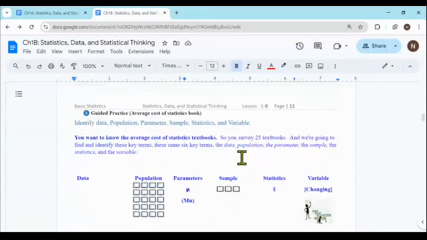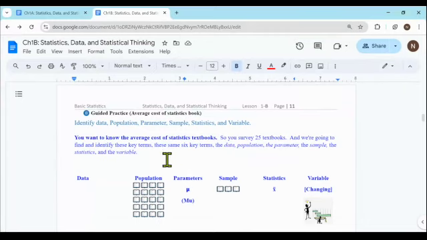I need someone to read. Who's going to read? Your name and read. Almas. You want to know the average cost of statistics textbooks, so you survey 25 textbooks.